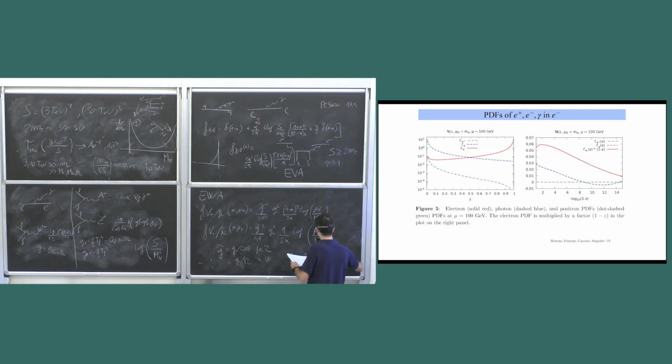And then you have these g_L defined as g_V minus g_A, and g_R defined as g_V plus g_A. So what is the important point to see here? Again, there is 1 over x. So this is telling you the PDF, the EWA, of the Z boson or the W boson is peaked at small x. It's like the photon, okay?